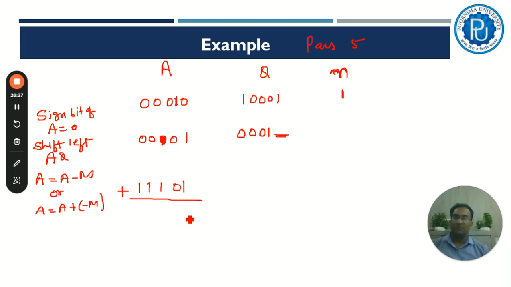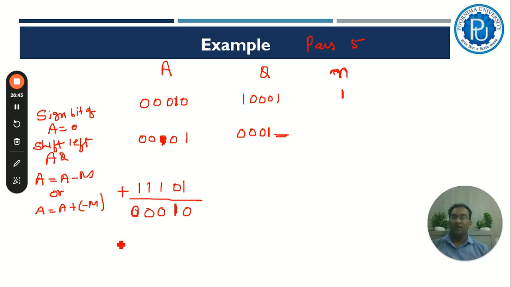This we are going to add. So 1 and 1, 0, 1 is carry. 1 plus 0 is 1. 1 and 1, 0. And the final carry 1 will be discarded there.